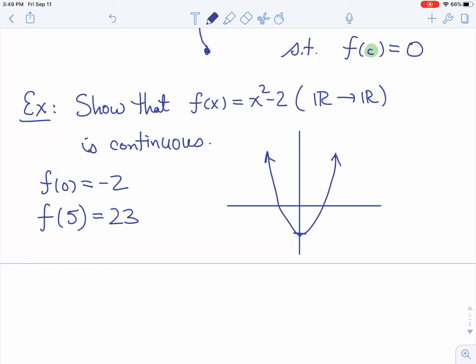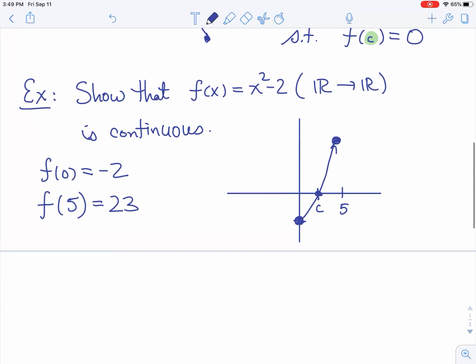And so whatever this parabola is, because at 5 I got a positive number, and because at 0 I got a negative number, I know that this graph has to cross the x-axis somewhere. So that has to cross somewhere at c.